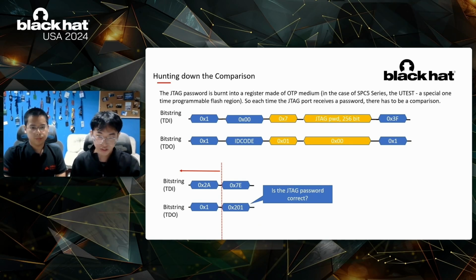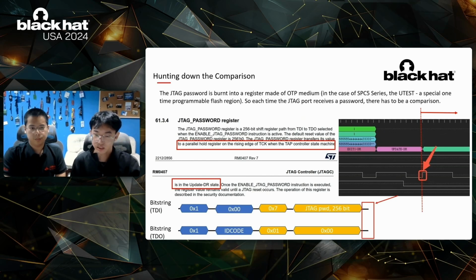We want to know exactly when the MCU is performing password comparison. Since we know that the instruction hex 2A can ask for the result of a challenge, the password comparison must happen before this point, since it returns the result.